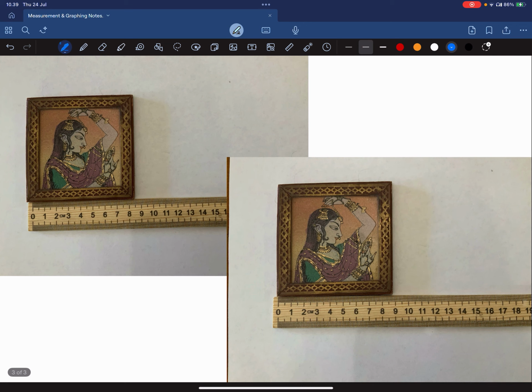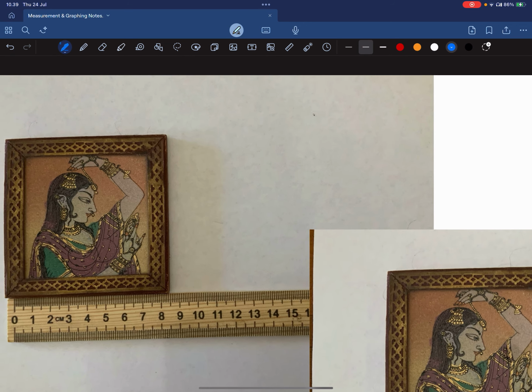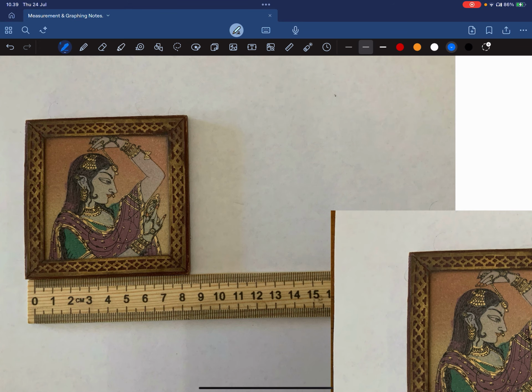Next thing, you're going to actually be doing the measurement. So I've got two pictures here measuring a placemat. Notice on the first one, the edge of the placemat is at the edge of the meter stick, but it's not at 0. That is a bad measurement. You do not want to do that, okay?